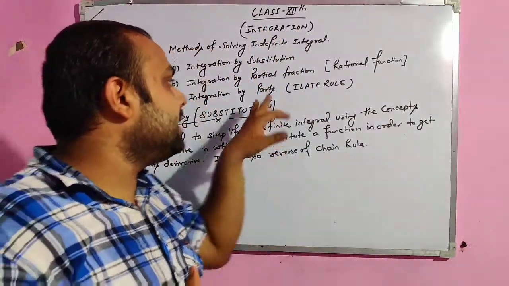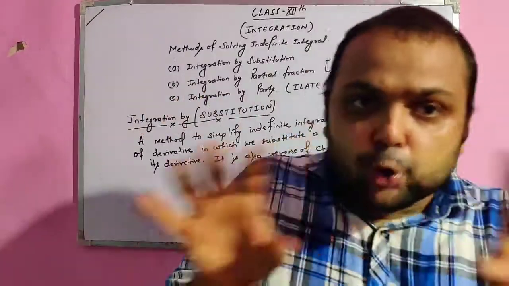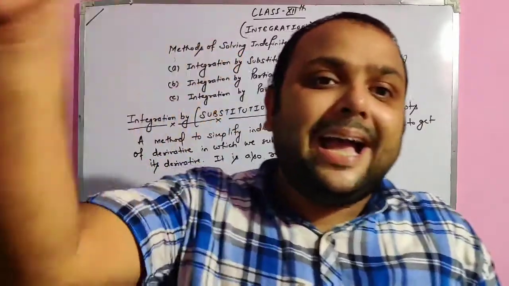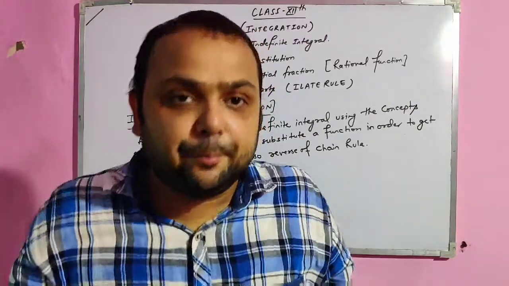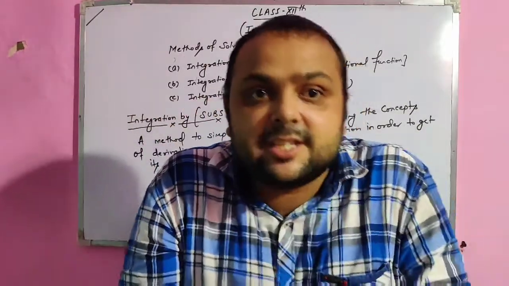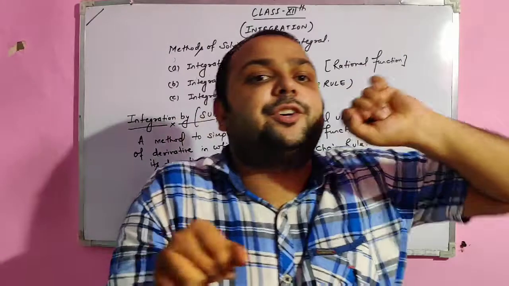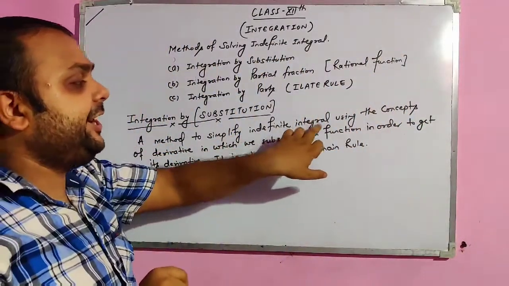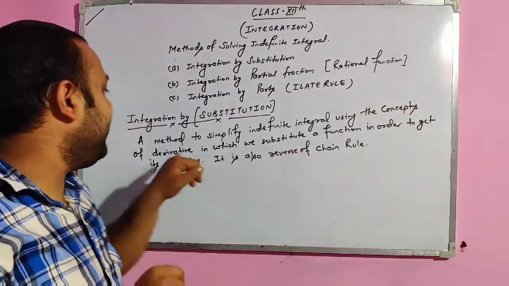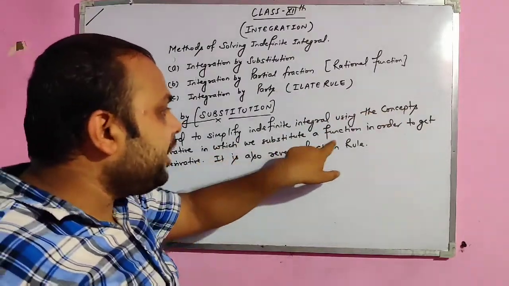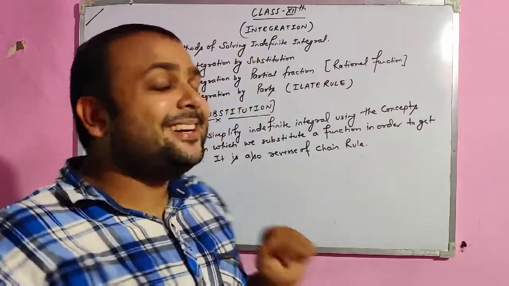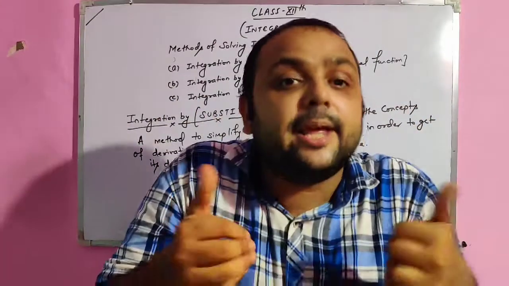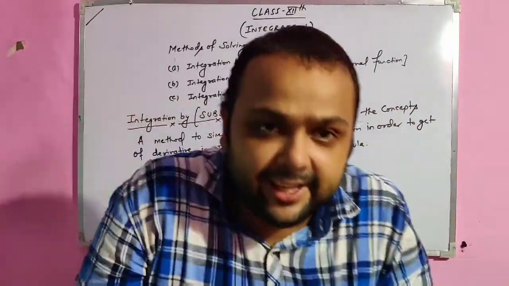Here, in the method of substitution, we have to take a certain value in the question and put it equal to x, t, p, whatever we can put, and find its derivative such that it will eliminate the remaining function. That is, it is a method to simplify indefinite integrals using the concept of derivative, in which we substitute a function in order to get its derivative, which will eliminate the remaining function, and we are able to solve the problem more easily.